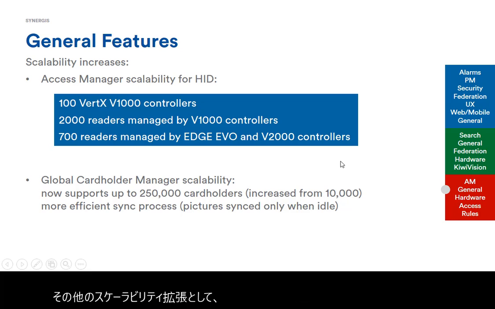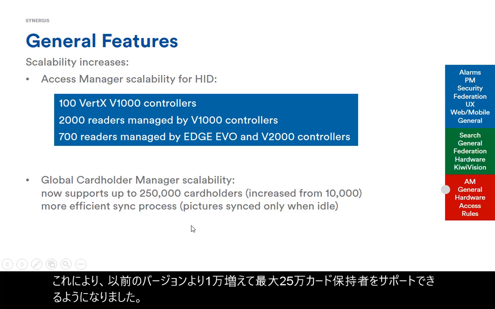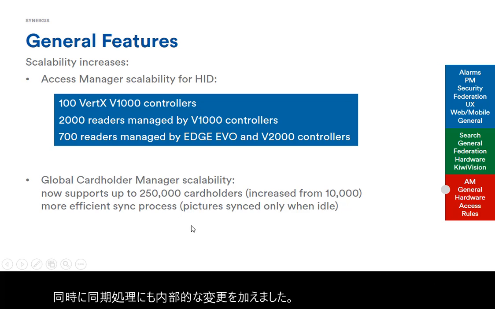For scalability as well, the Global Cardholder Manager really has had a lot of work done on it. It's really impressive what they've done with it. So it now supports up to 250,000 cardholders, and that's an increase from the previous 10,000. So that's a massive increase on the number of cardholders that it can handle. And they really worked on the synchronization process that it goes through as well.